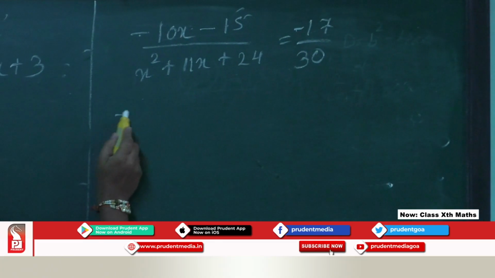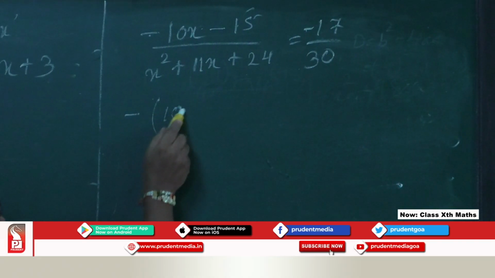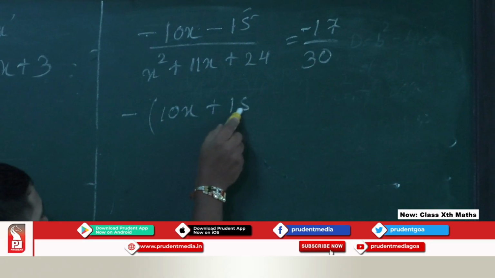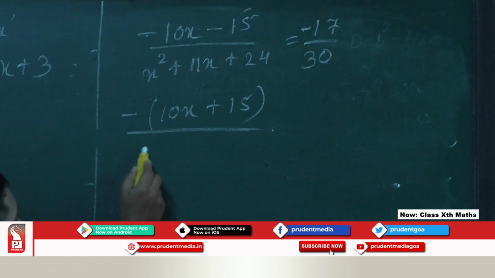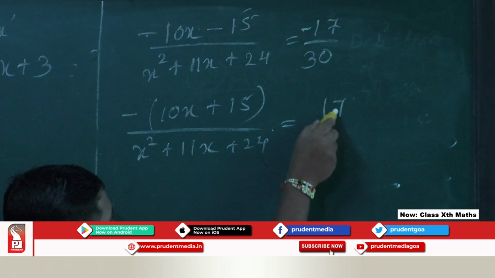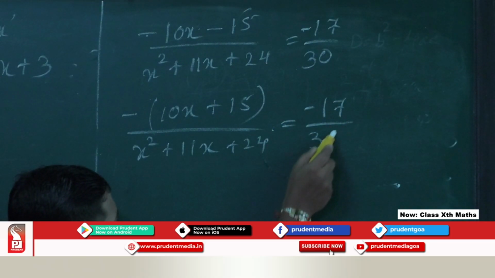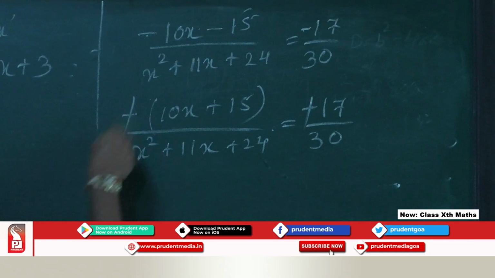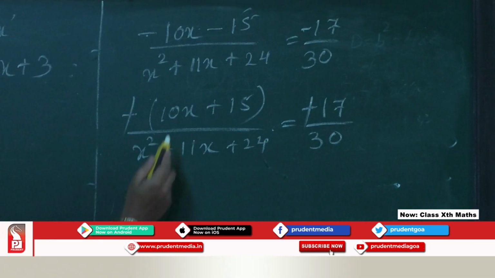So negative sign common. 10x plus 15 over x square plus 11x plus 24 minus 17 by 30. Cancel negative sign, and now you can do cross multiplication.